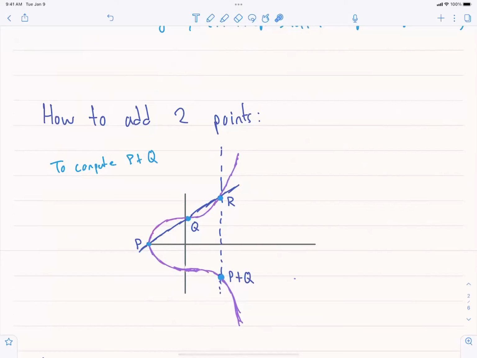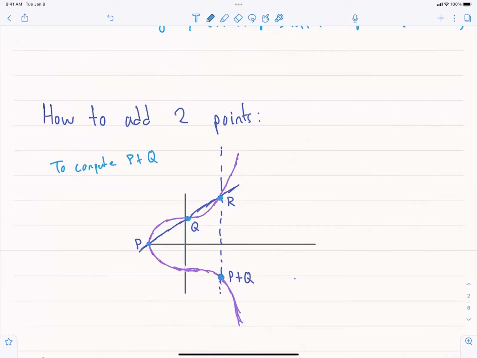So here, if I draw the line between P and Q, it intersects at this third point R. And then you don't take that point R to be P plus Q. Instead, you flip it about the x-axis to get P plus Q.